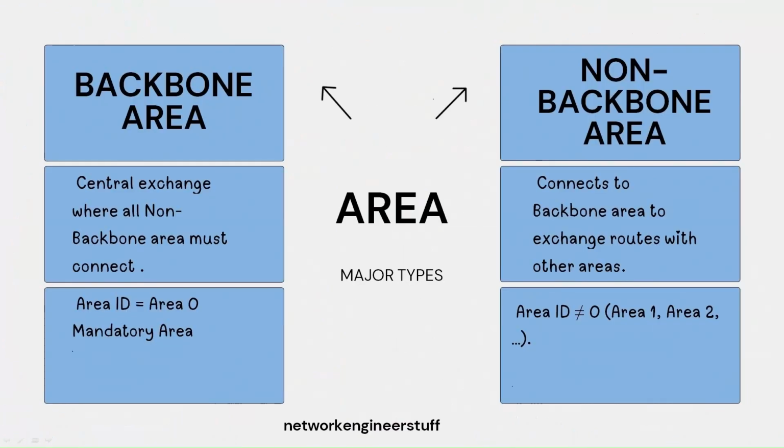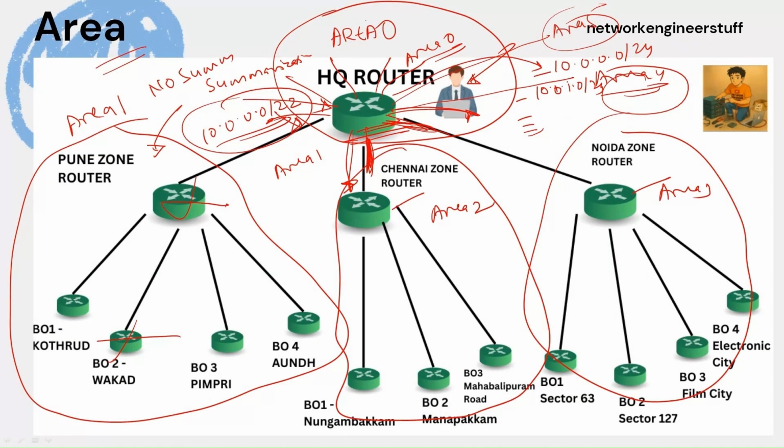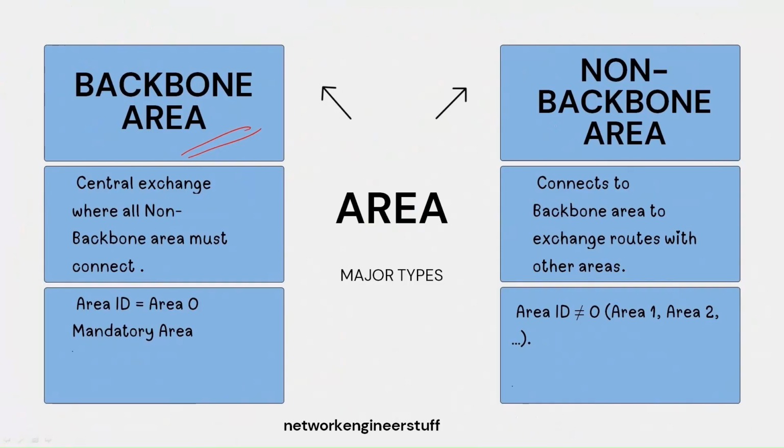So I have mentioned this point over here that of course, guys, this area 0 is known as the backbone area. Okay, so this area 0 is nothing but the backbone area. And all these other areas we will call non-backbone areas.